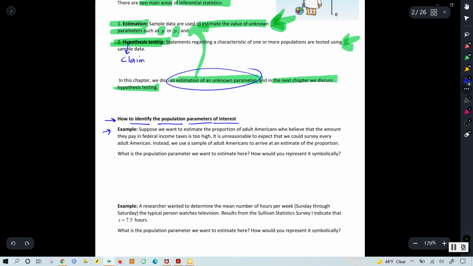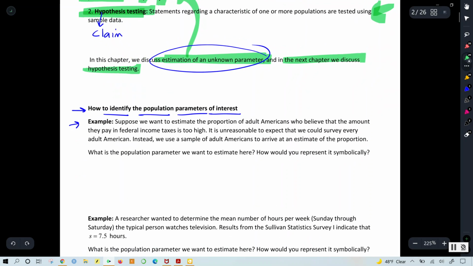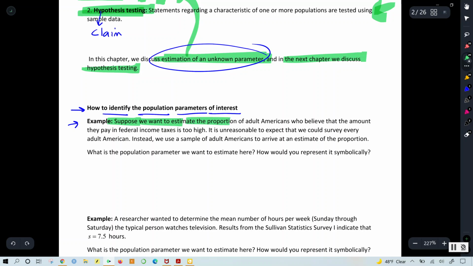In this example, suppose we want to estimate the proportion of adult Americans who believe that the amount they pay in federal income taxes is too high. Now, it is unreasonable to expect that we could survey every adult American. Instead, we use a sample of other adult Americans to arrive at an estimate of the proportion.